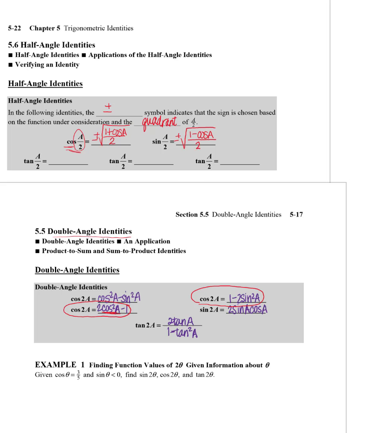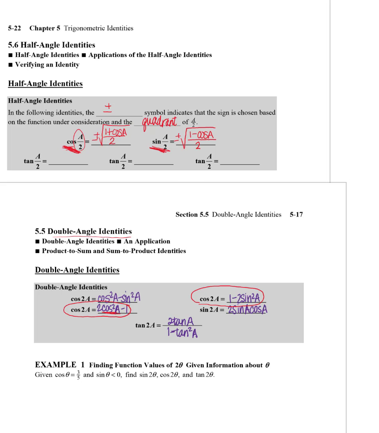So you see the difference between cosine of a over 2 and sine of a over 2? All that's different is here we have a plus in the numerator and here we have a minus in the numerator for sine.